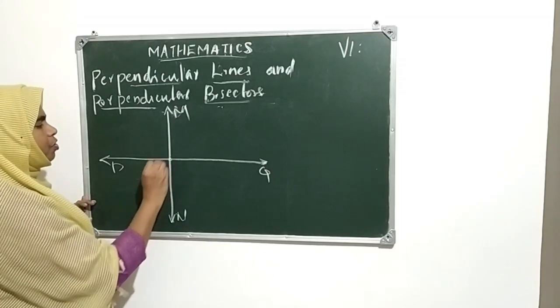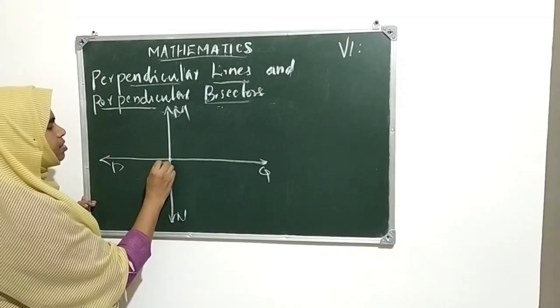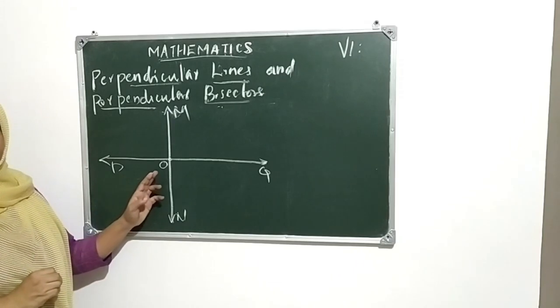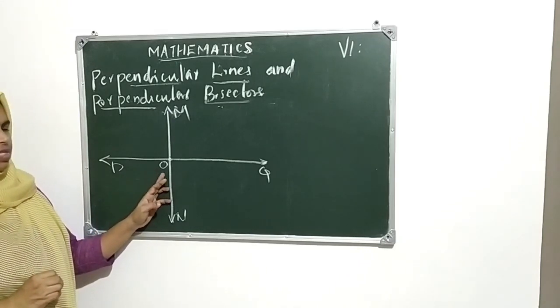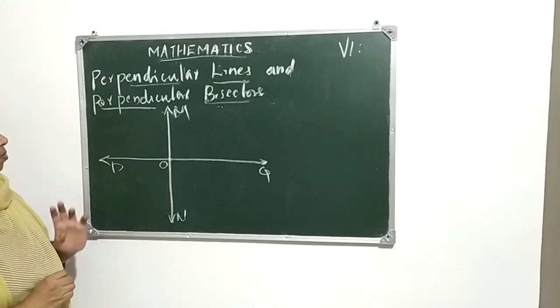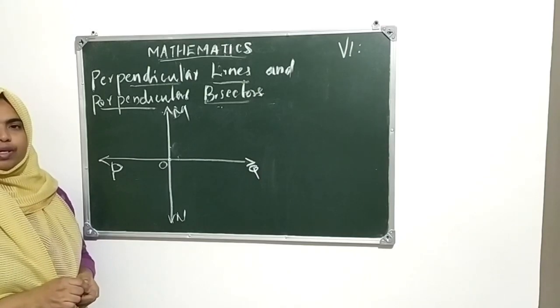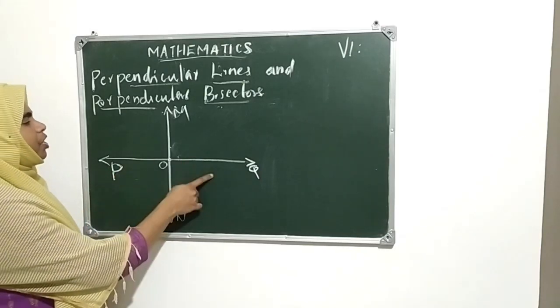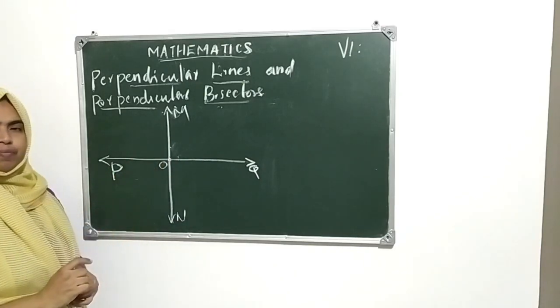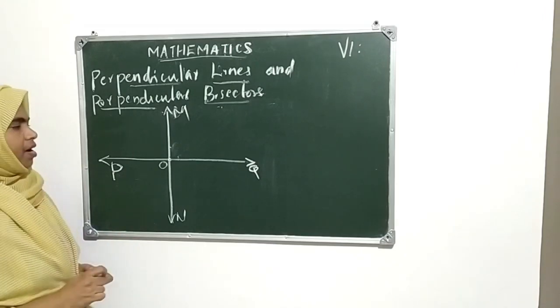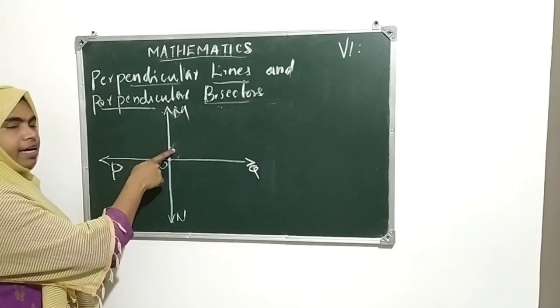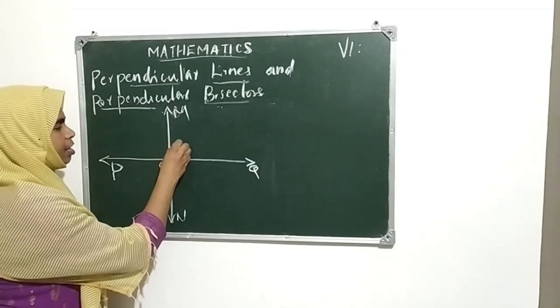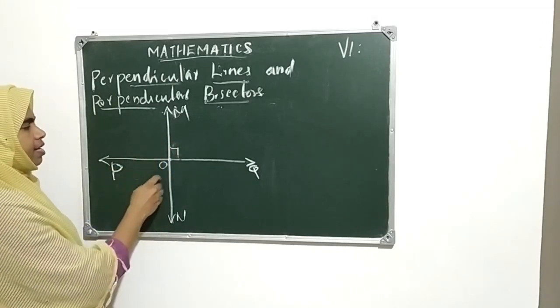The point of intersection is O. Name it as O. So, here the lines PQ and MN are perpendicular lines because the angle between the lines is 90 degree.